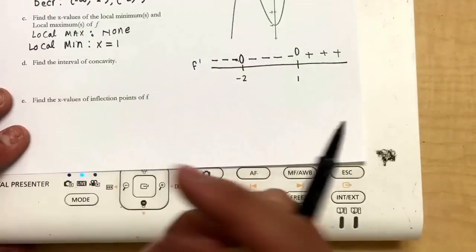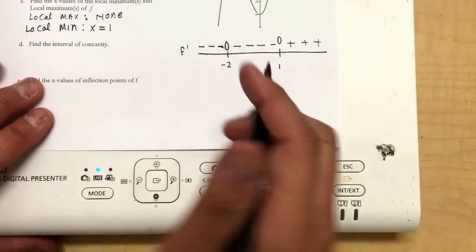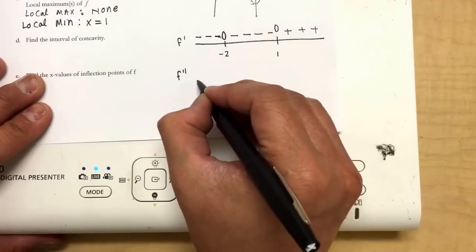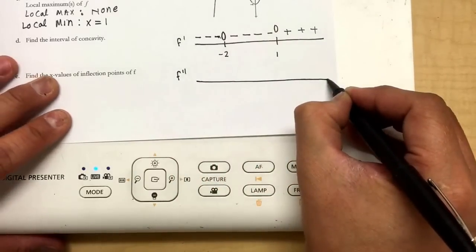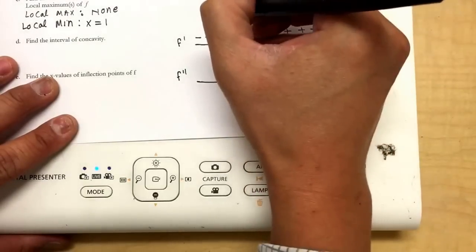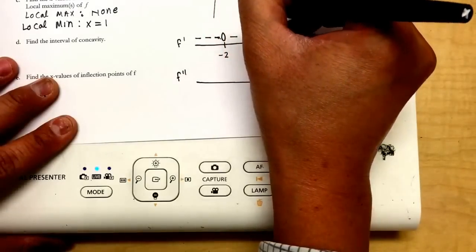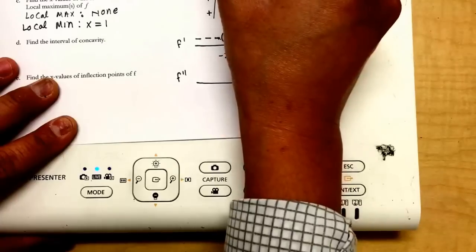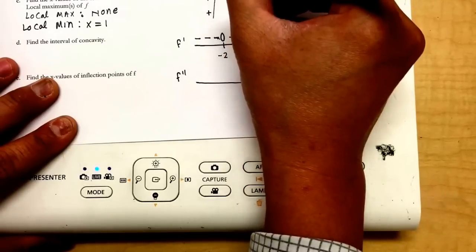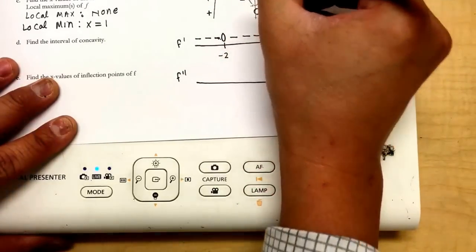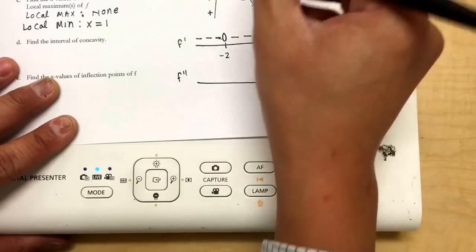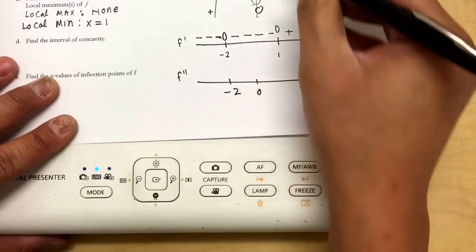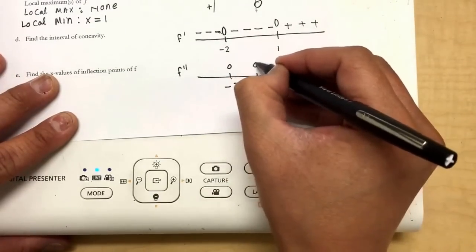Okay. Find the interval of concavity. So we create a sign chart for f double prime, and to do that we study the slope of the first derivative. So it's positive here, 0 there, negative there, 0 there, and then positive there. Okay, so we go to -2, we go to 0. These are where the second derivative equals 0.